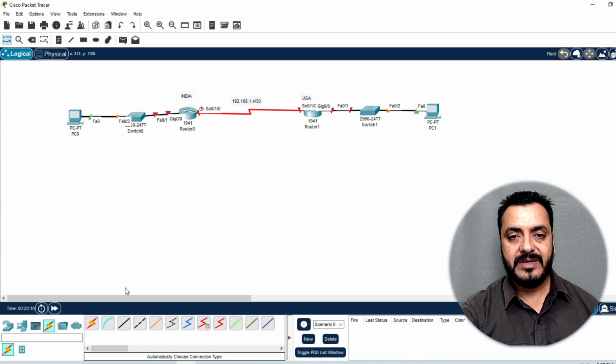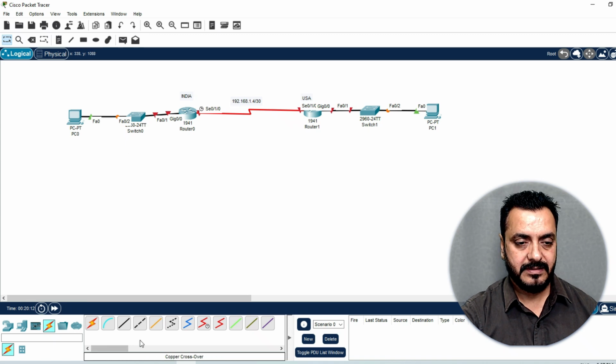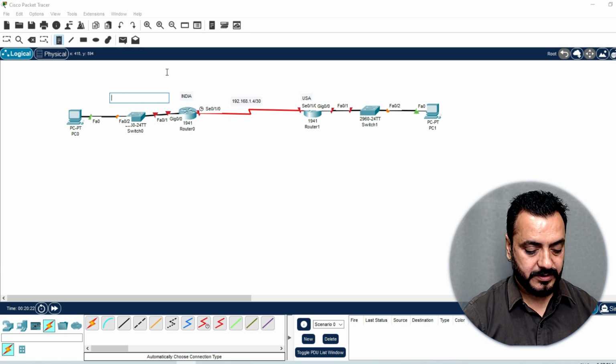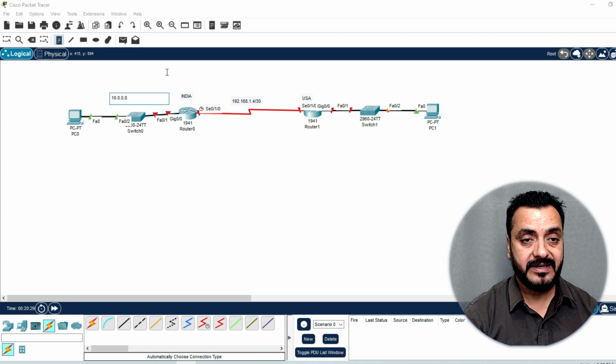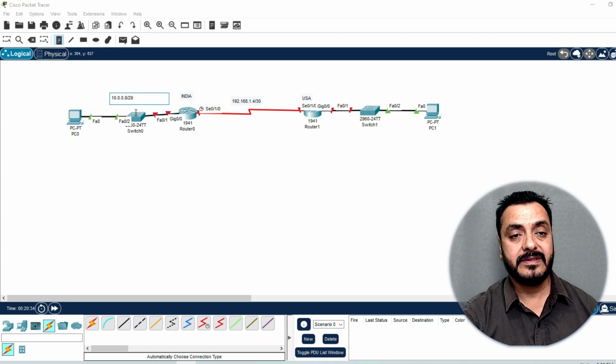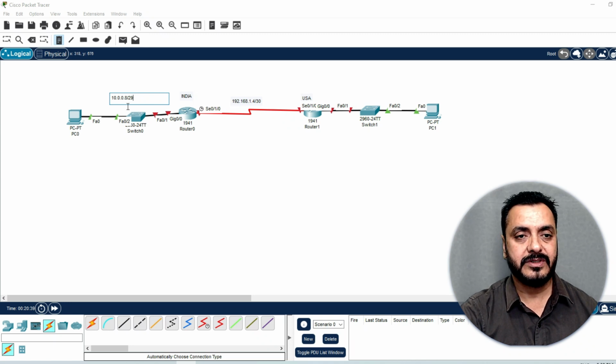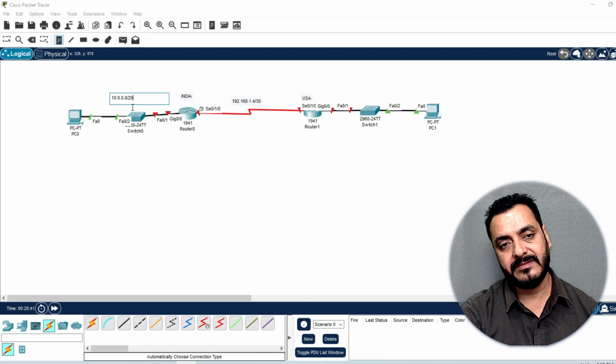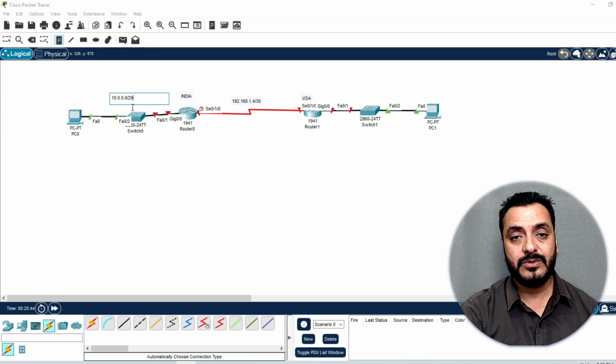So again we have to use IPv4 addressing pattern on these two LAN subnets. So suppose here we are taking a subnet of 8, means according to CIDR, that is /29, means its subnet mask is 255.255.255.248. So it means we have a subnet of 8, and in a subnet of 8 we have 6 usable IPs.